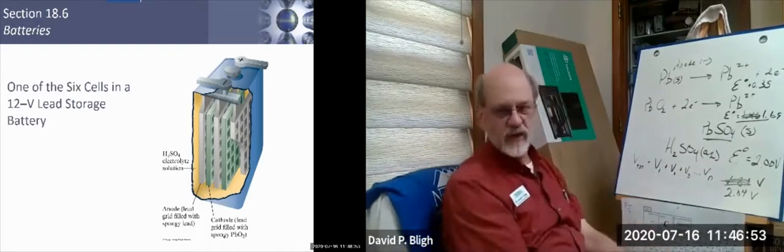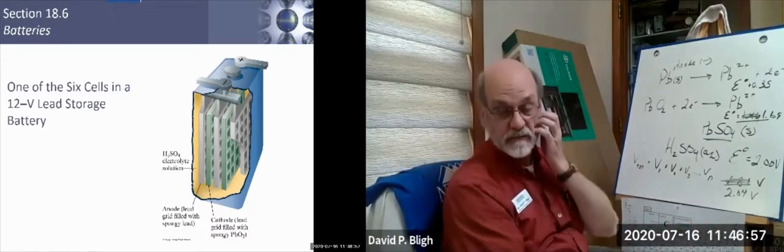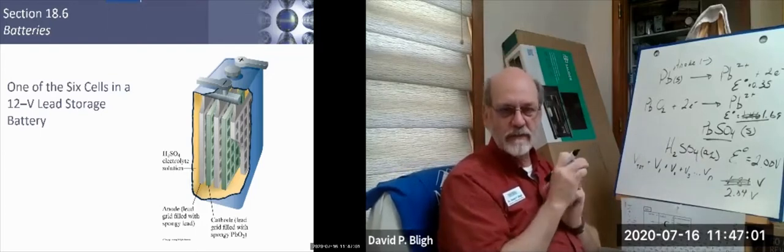So how many cells would we need in series to give us 12 volts? You need 6.